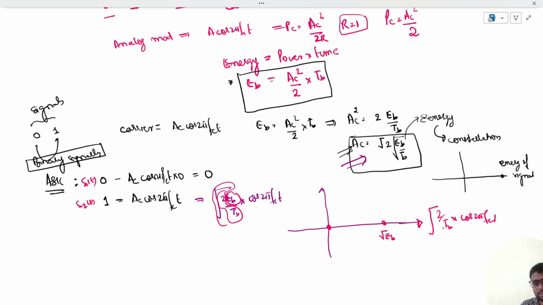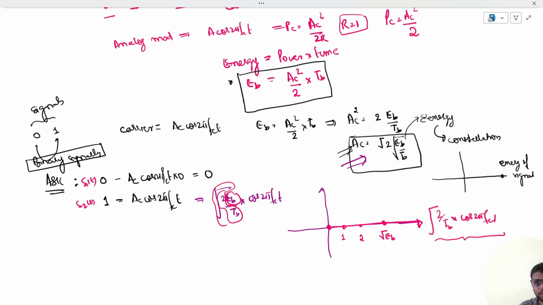Each measurement on this axis is root over 2 upon Tb into cos 2πfct. So if this is 1, it represents 1 into root over 2 upon Tb cos 2πfct. If this is 2, it represents 2 into root over 2 upon Tb cos 2πfct.